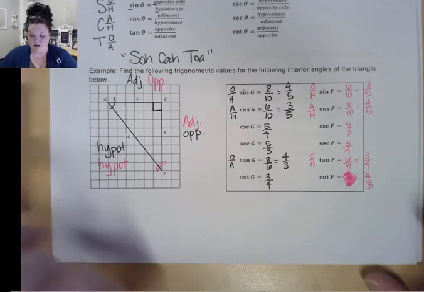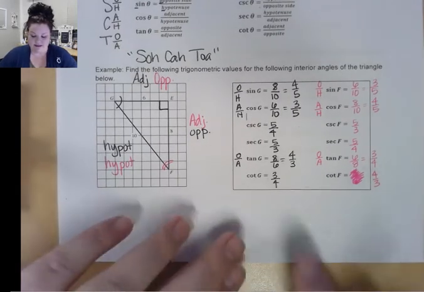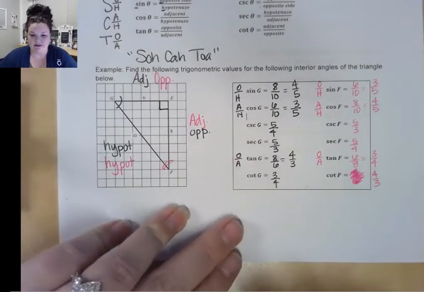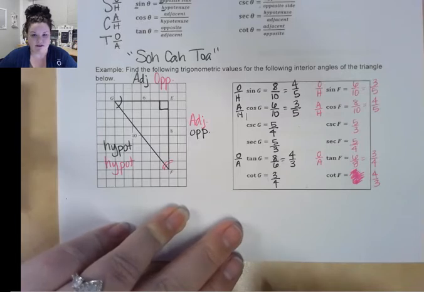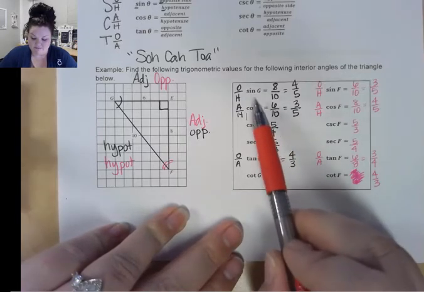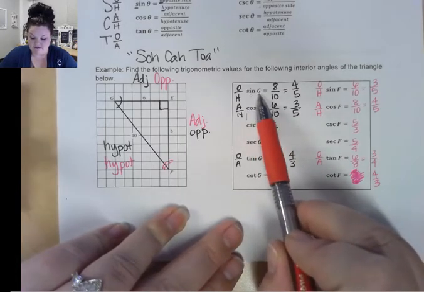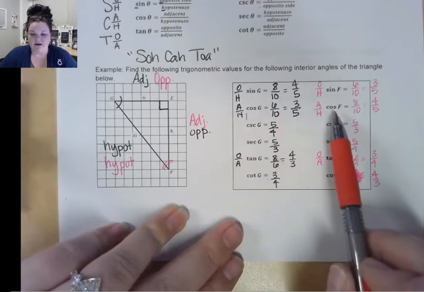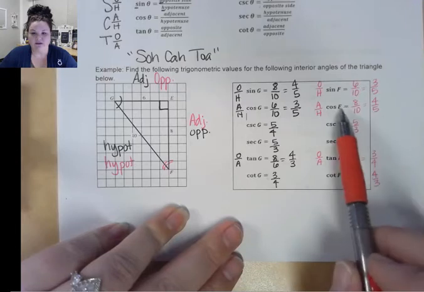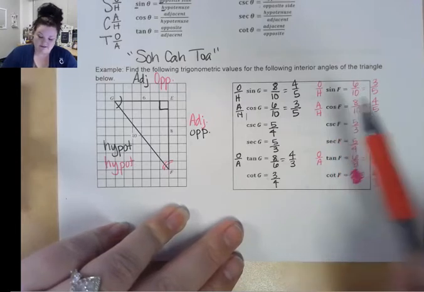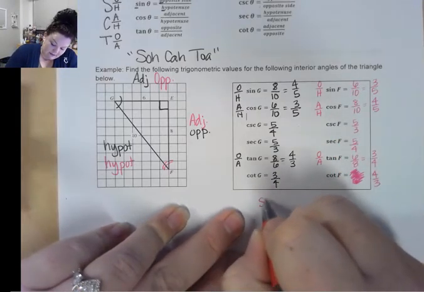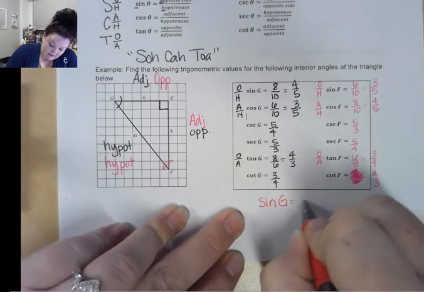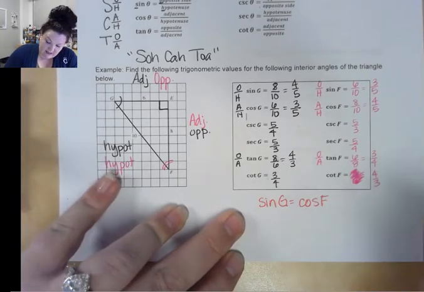So one thing that I want you to notice is some similarities that you might have seen when you were working through this. If I look up here, notice I have the sine of G, I got 4/5, right? And then over here, I also got 4/5 on cosine F. So I'm going to write down here that sine G is equal to cosine F, right?